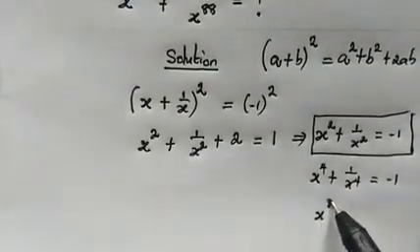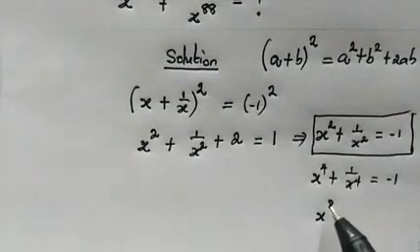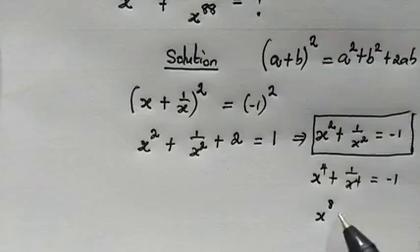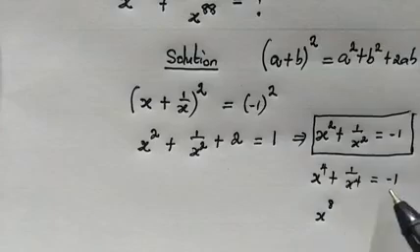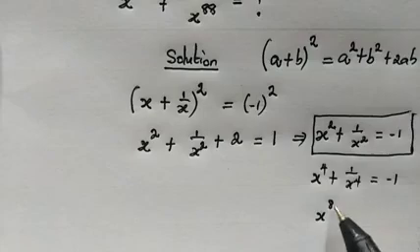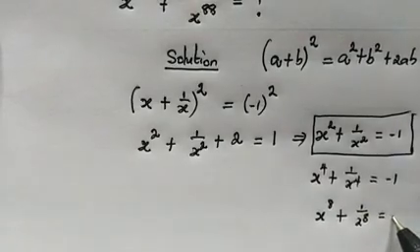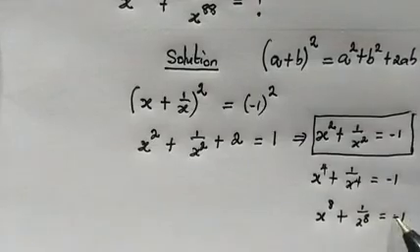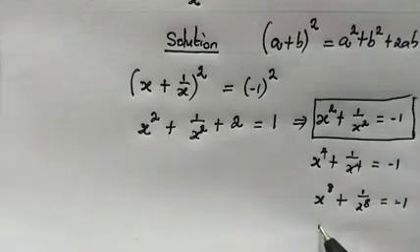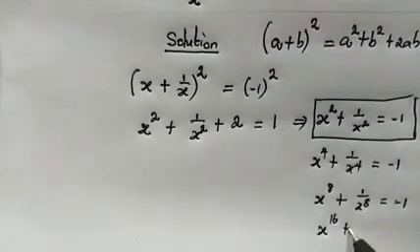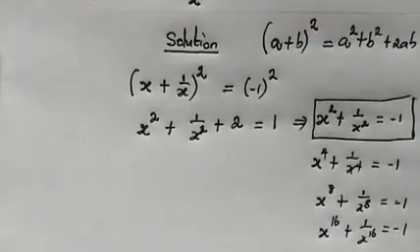These powers that are powers of 2, I mean, this pattern with powers of 2 keeps giving us a -1 as their value. So x to the power of 8 plus 1 over x to the power of 8 is also equal to -1. If you continue this and square both sides again, you get x to the power of 16 plus 1 over x to the power of 16 is equal to -1.